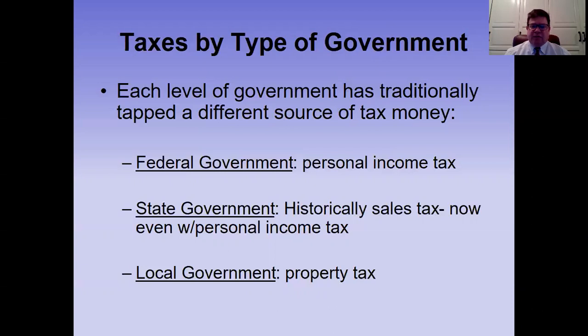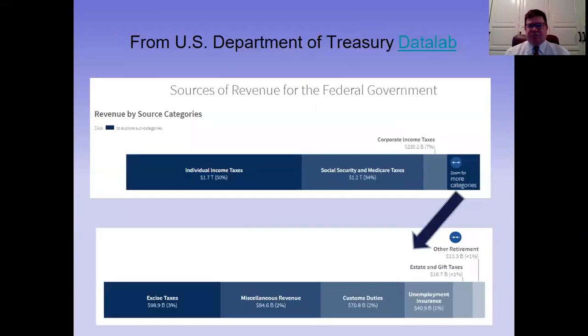So these are the three basic taxes that fund the different types of government in the United States. But just be cognizant that changes have been coming, and personal income taxes really are a source of income for all three levels of government. So this is a really cool website that there's a link to up in the right-hand corner.